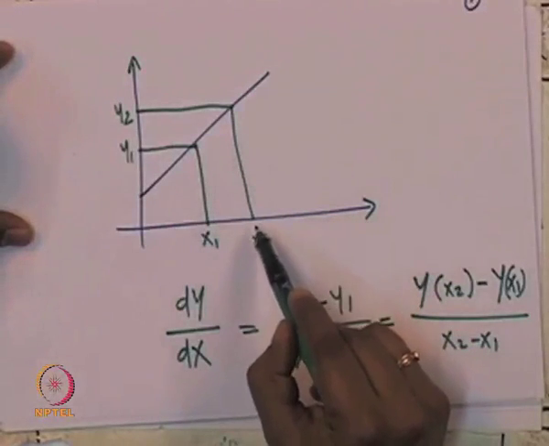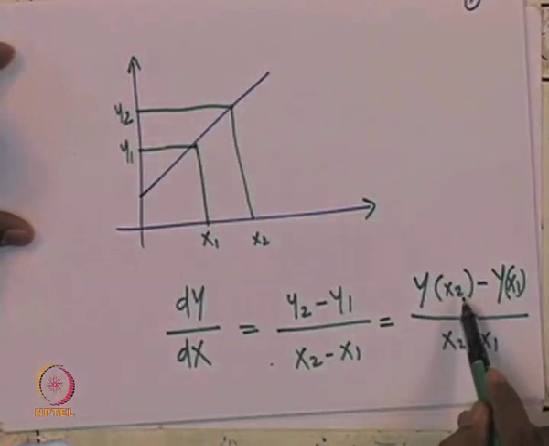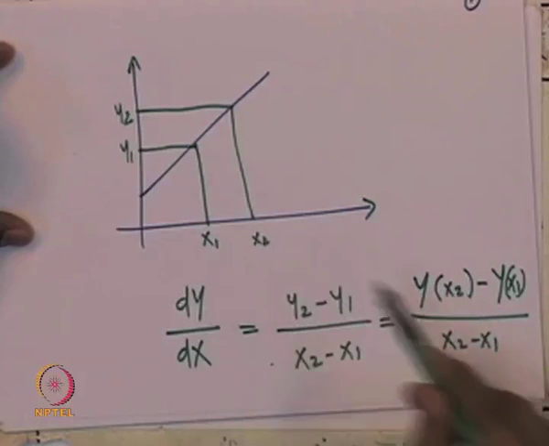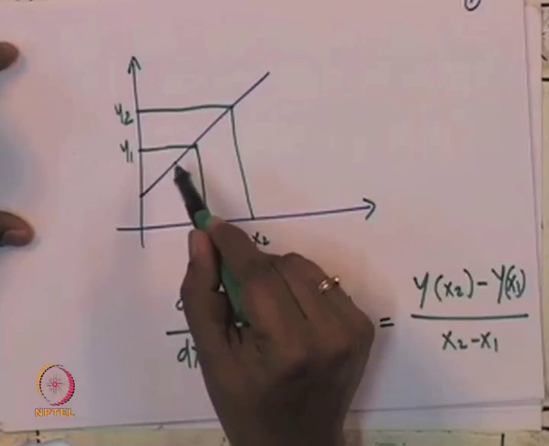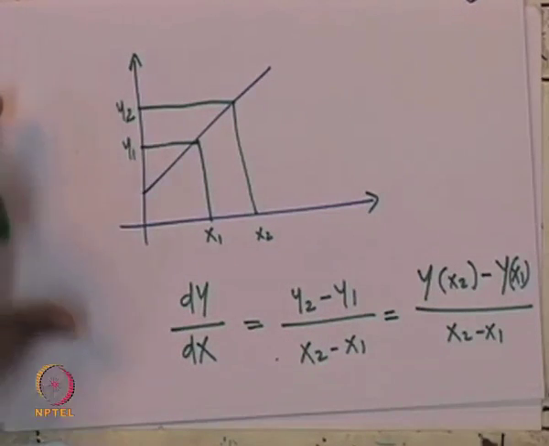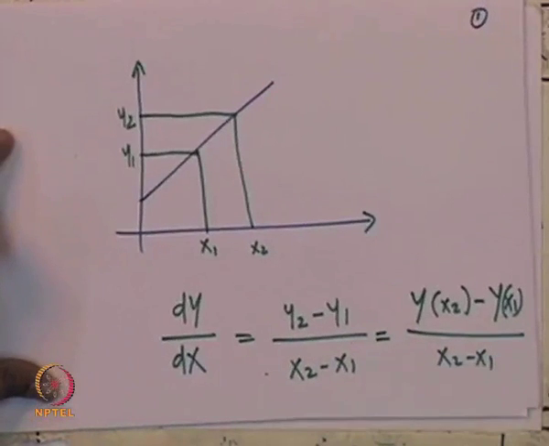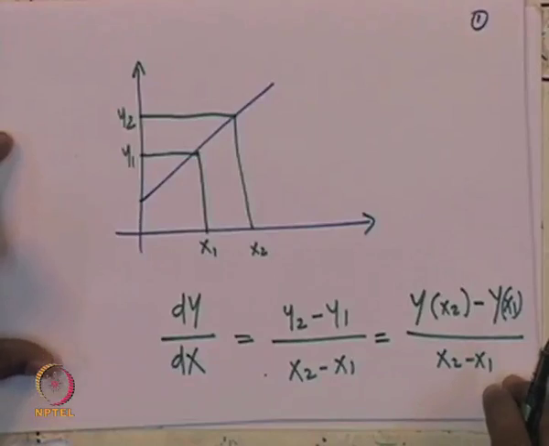For a value x2, what is the corresponding y value? That is, y of x2 means the y value corresponding to the x value x2. If you subtract from that the y corresponding to x1 and divide by the change x2 minus x1, you get dy by dx. This is all the same thing, but it can be written in different ways. So, in some books you will see it in a different way.